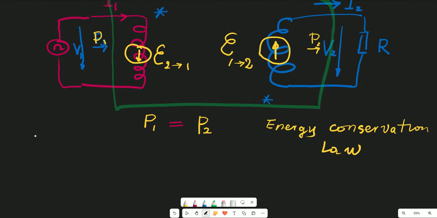We can use Kirchhoff's voltage law, and we will find V1 equals minus something plus something, according to the directions. So we get V2. Okay, so that is clear.